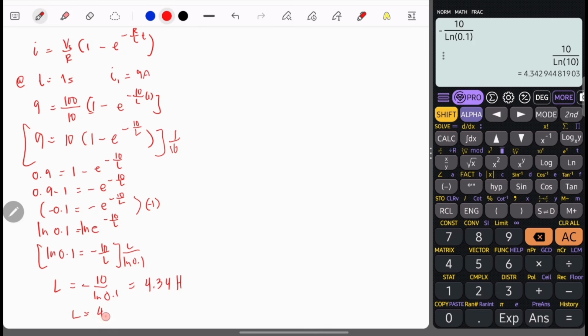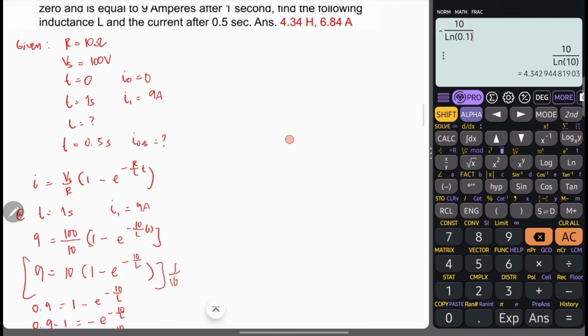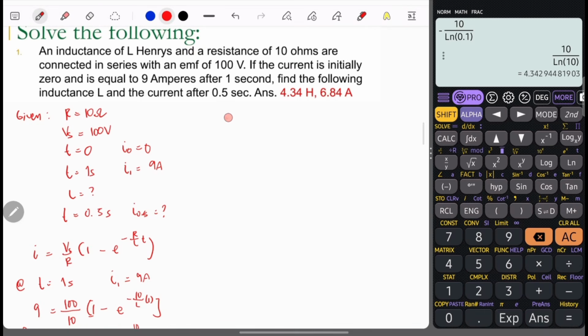L is 4.34 henries. Next is to find the current at 0.5 seconds. So at t equals 0.5 seconds, current is missing. Using our formula, I equals V sub s over R times 1 minus e to the negative R over L t.